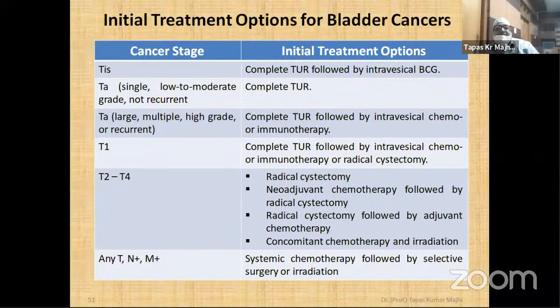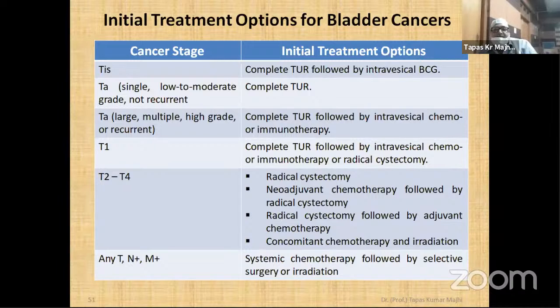This is the treatment schedule for bladder carcinoma. In situ carcinoma: complete resection followed by intravesical BCG. Ta: complete TUR followed by intravesical chemotherapy or immunotherapy. T1: complete TUR followed by intravesical chemotherapy or immunotherapy, or radical cystectomy.